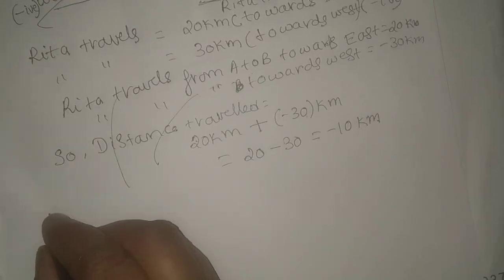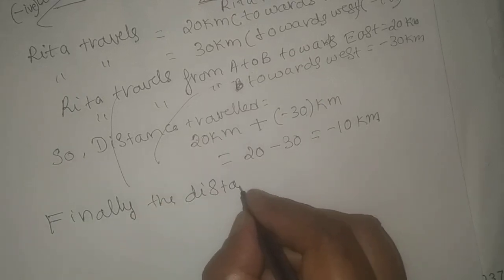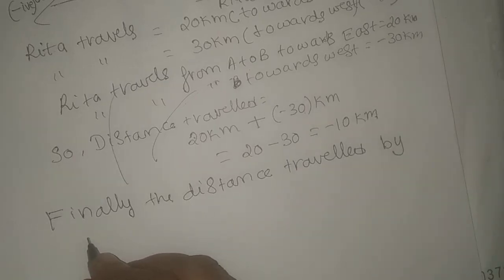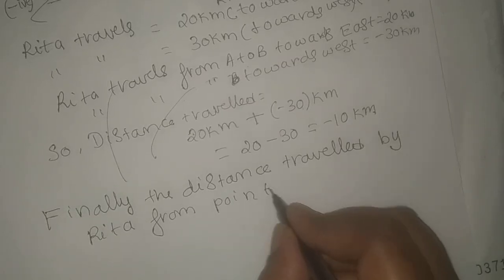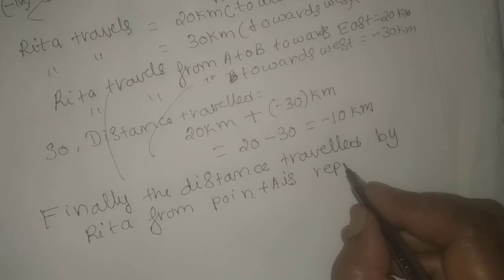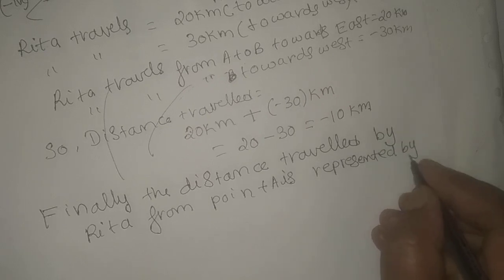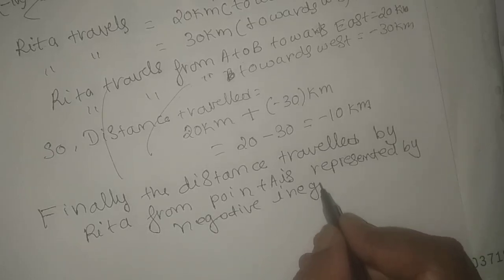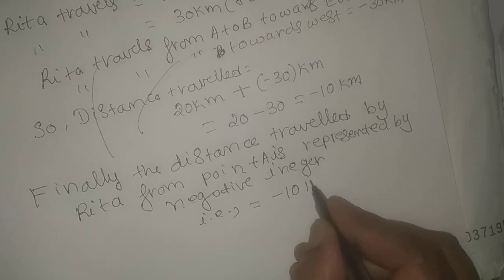So finally what can we conclude? Finally the distance traveled is represented by a negative integer, that is minus 10 kilometers.